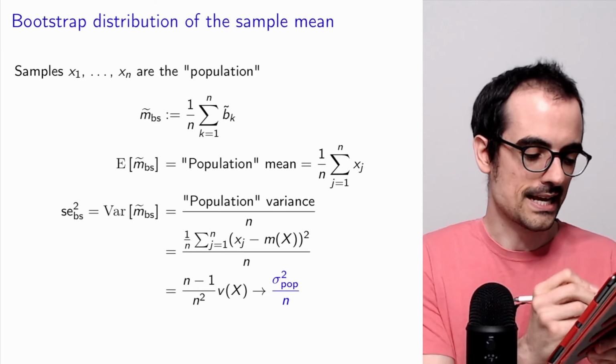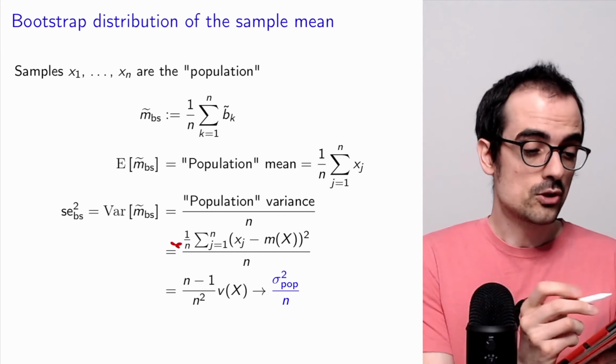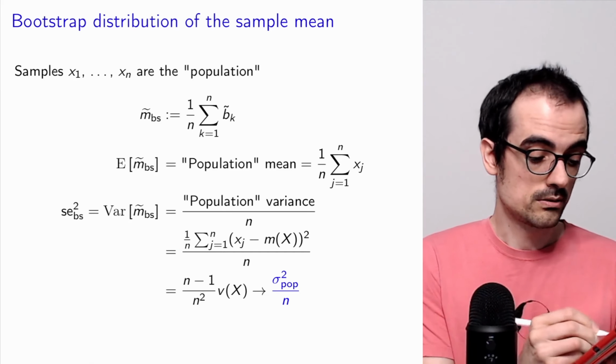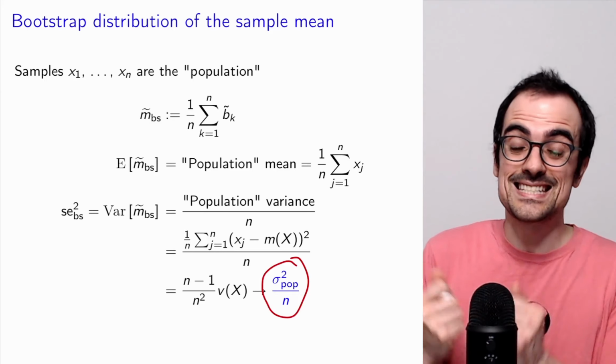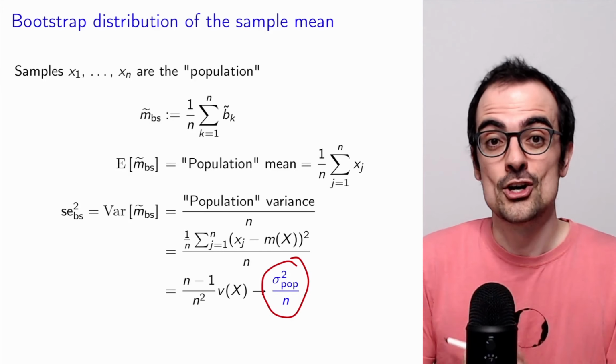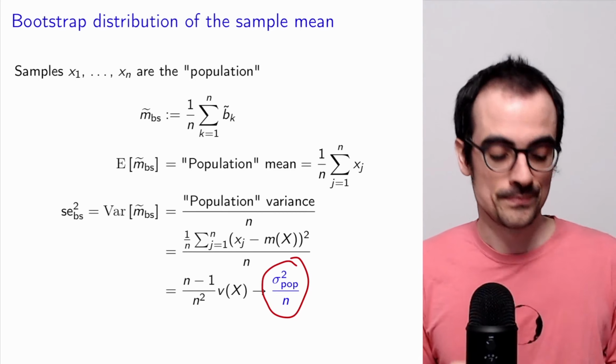There's just this n instead of n minus 1. If n is large enough, this is going to be a good approximation. This is well approximated by the population variance divided by n, which is the same variance of the actual sample mean. And this is going to be very important.